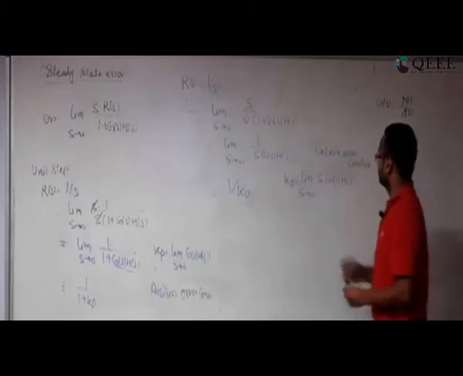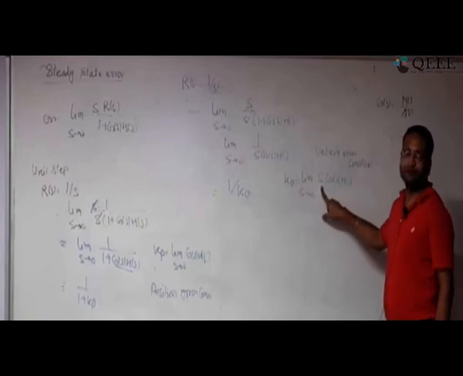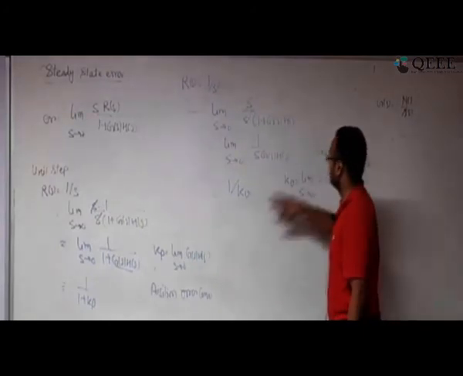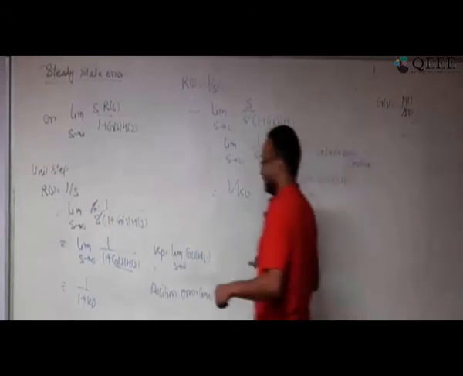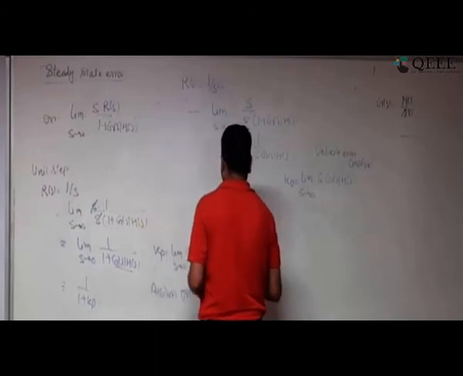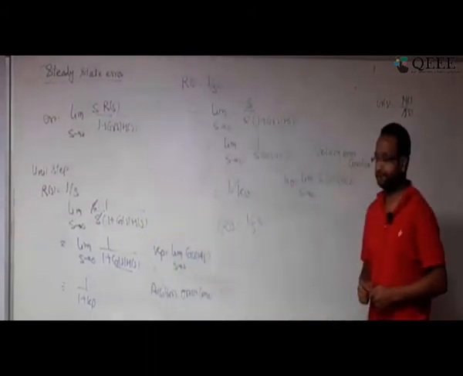So you can look at it: if you put s, it is equivalent to giving a derivative. That's why from position, it has become velocity. Now, consider the input as a unit parabolic. The R(s) is going to be 1 by s cube.